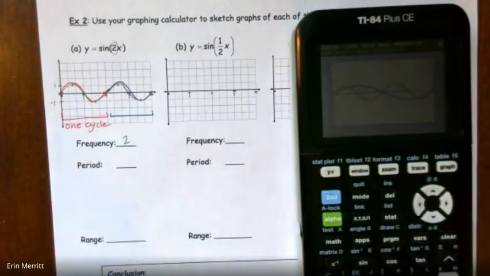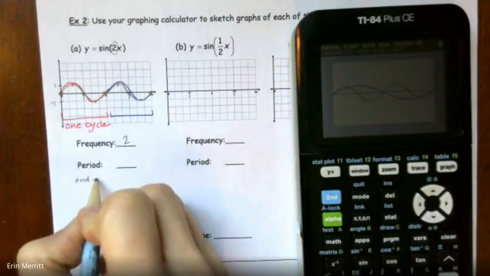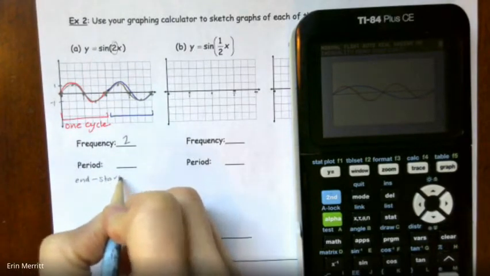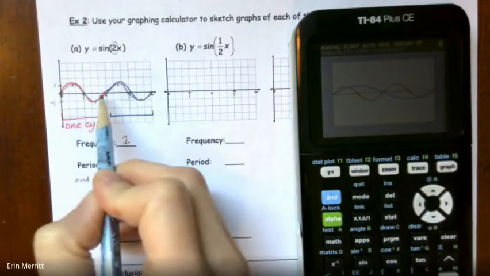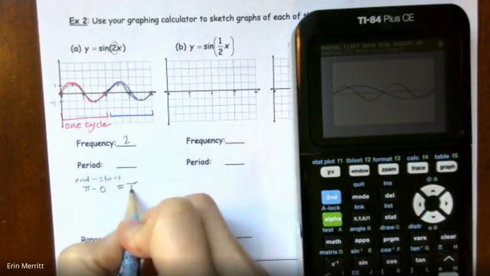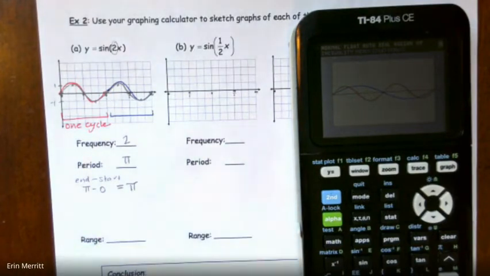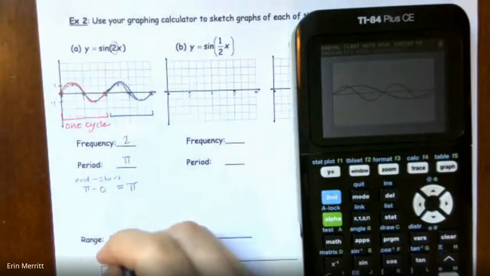The period is the length of 1 cycle. So since the length is wherever you end minus wherever you started, look at that first red cycle. It's starting at 0, ending at pi. So if I do pi minus 0, then the period itself just is plain old pi. All right, as for the range, like we said, nothing changed there. So -1 to 1 is it.